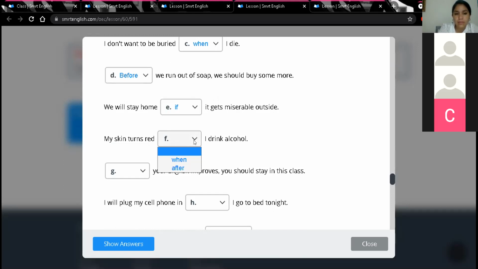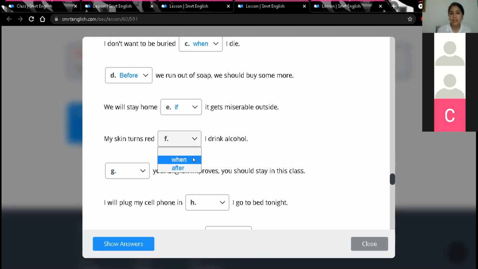Gabriela, again, letter F. My skin turns red when I drink alcohol. I just want to say that this one could be complicated because it could also be after. So it depends on the context, right? We don't have that much information. If you chose after, it's good. If you chose when, it's also good.